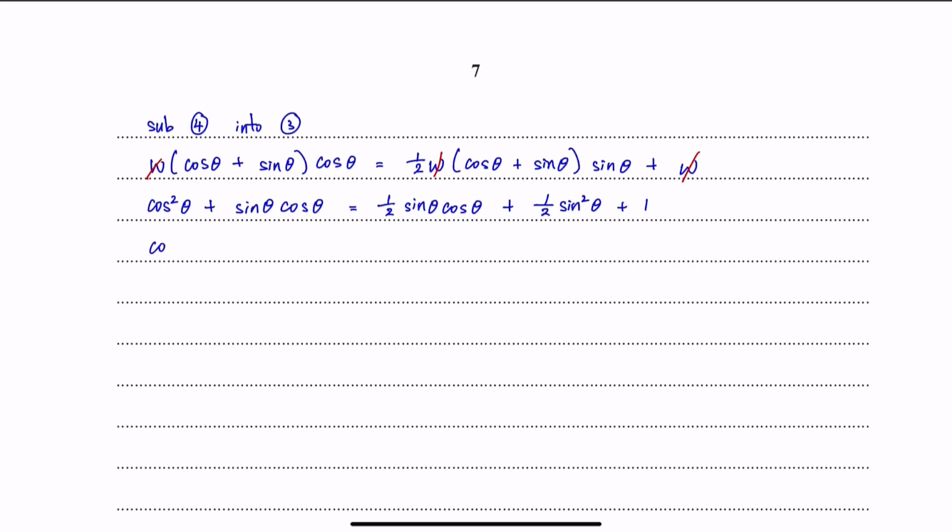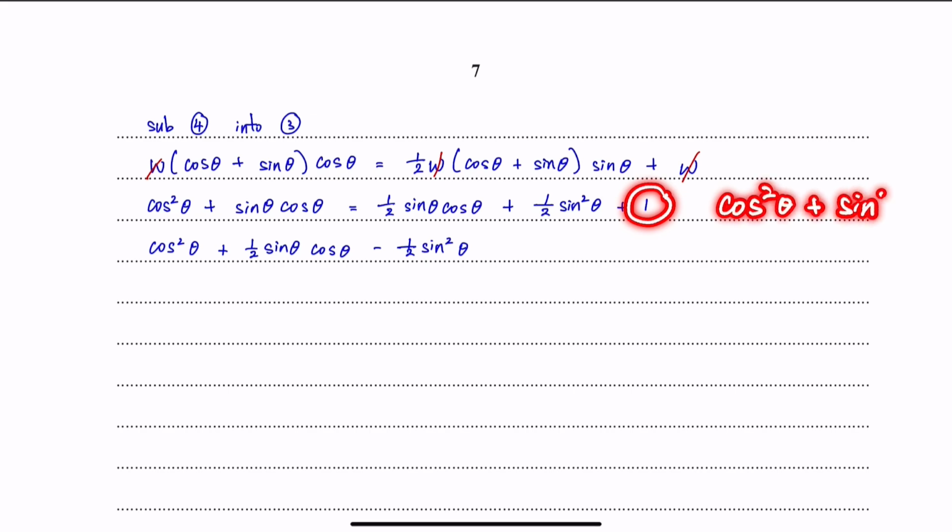And now we get cos squared theta plus half sin theta cos theta minus half sin squared theta. And for 1, we can write it as cos squared theta plus sin squared theta, right? So when we move it back to the left hand side, we get minus (cos squared theta plus sin squared theta) equals to 0.